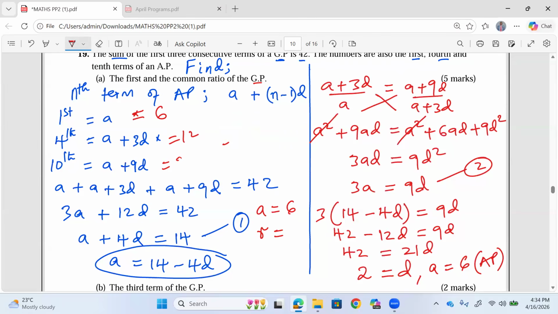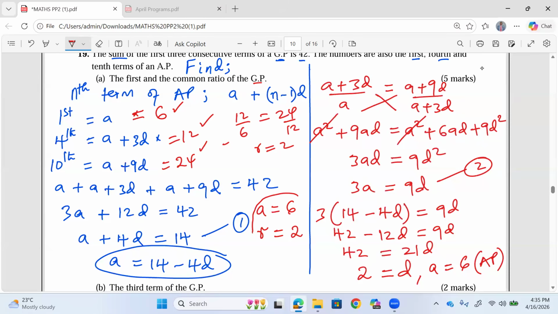I'm getting 24. So the first term is the first, the fourth term in the AP becomes the second, the 10th term in the AP becomes the third. So 12 over 6, is it the same as 24 over 12? We're getting the common ratio as 2.